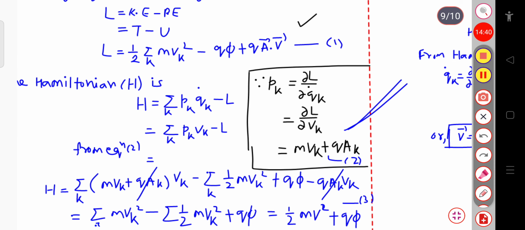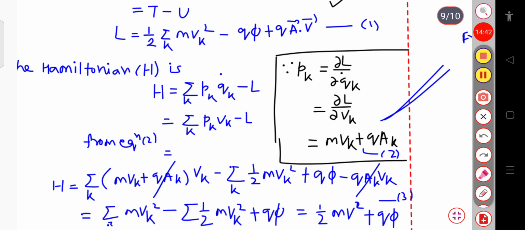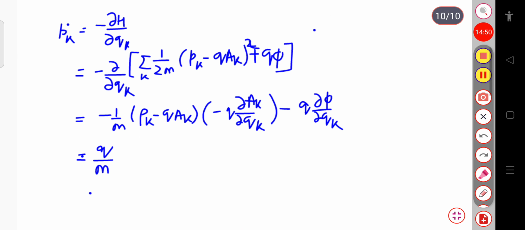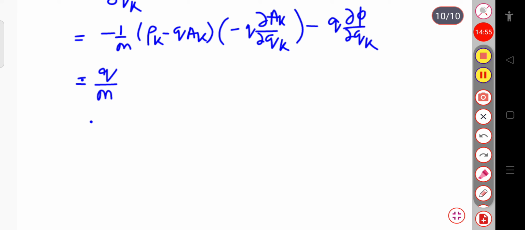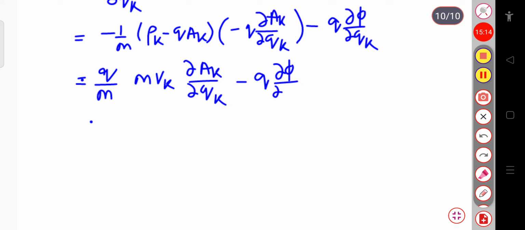So here we have calculated pk equal to m vk plus q Ak, so pk minus q Ak will be m vk. So I will write, in place of pk − q Ak, m times vk, and here q/m, and this minus minus becomes plus, ∂Ak/∂qk minus q ∂φ/∂qk.